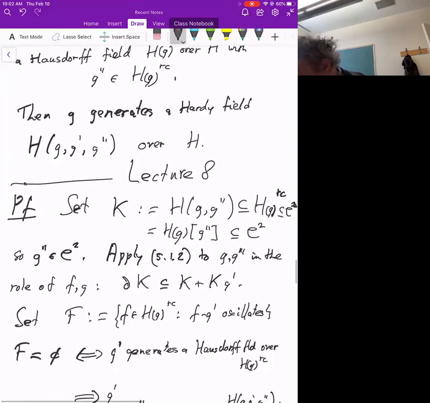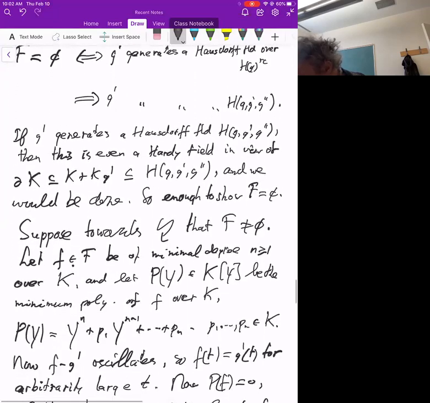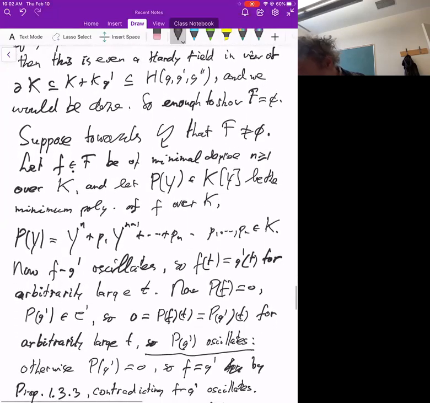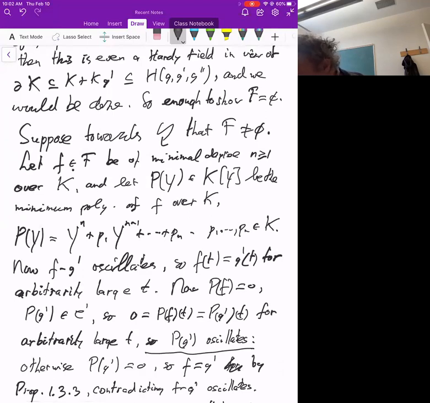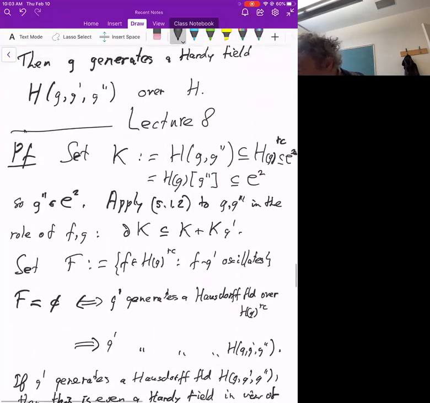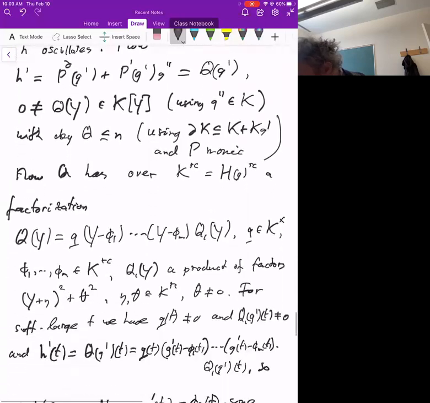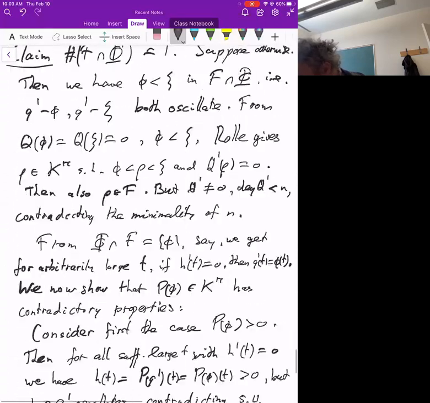And here, of course, the proof by taking a minimal degree also seems to use very much things about polynomials. But nevertheless, I have the feeling that they should generalize to the R tilde Hardy field setting. So if someone would like to do that, I'd be interested to hear.